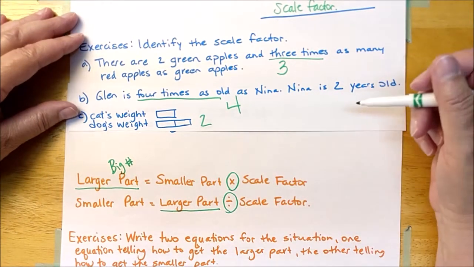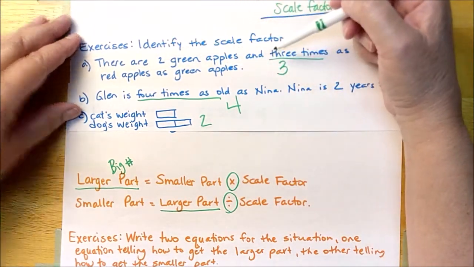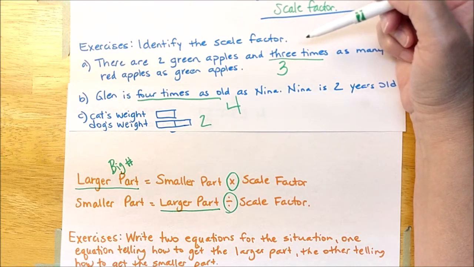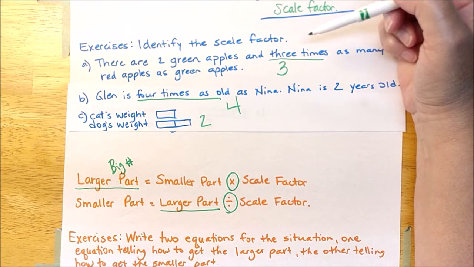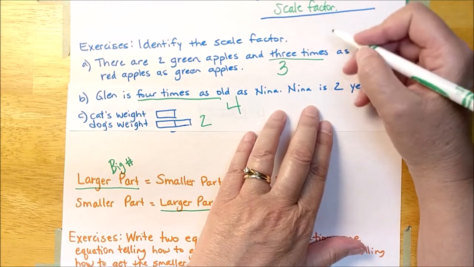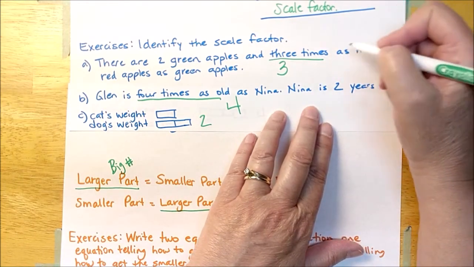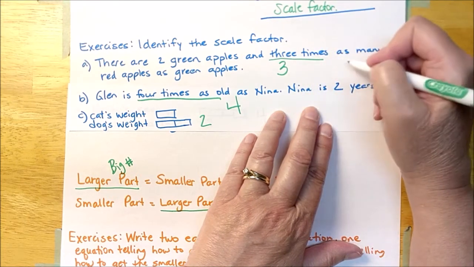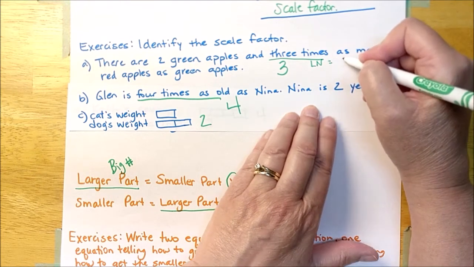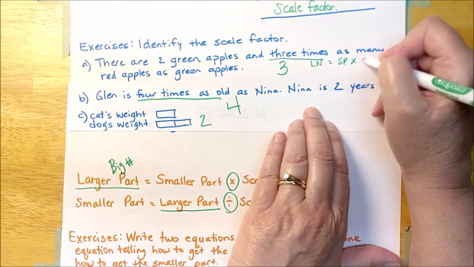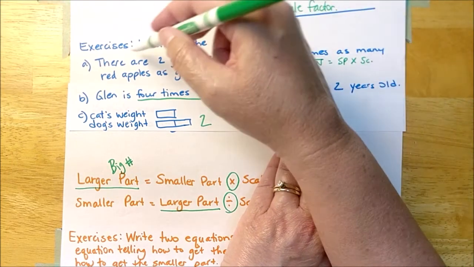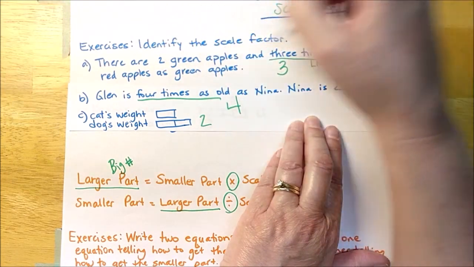2 problems would be. So there are 2 green apples and 3 times as many red apples as green apples. So if we were to make 2 equations, we could say that, so we know that it's 3 times, so that's the scale factor. So our large number equals our small part times our scale factor. And then, so our large number, there are 2 green apples and 3 times as many red apples.